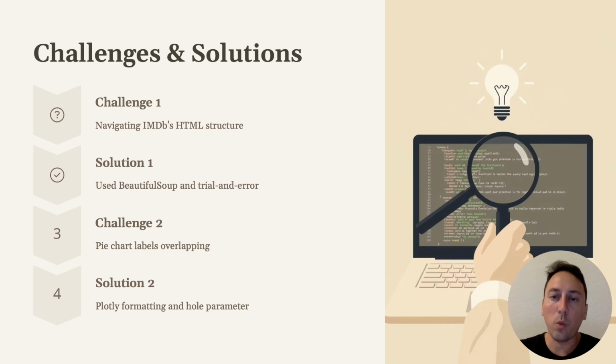Second, when I was working on the pie chart, I encountered issues with overlapping labels. To resolve this, I reformatted the chart and switched to a donut chart, which improved both clarity and visual appeal. This challenge gave me a chance to practice creative problem solving, which is a vital skill in any data-related role.